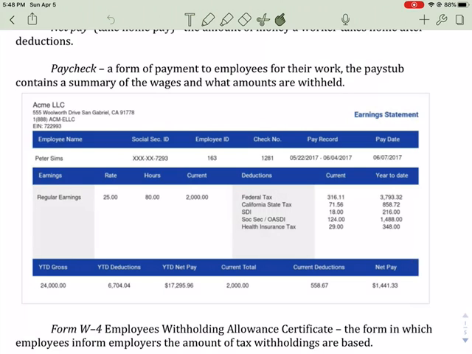All of that comes out, and they keep track of your year to date and your deductions. So down at the bottom, your year-to-date gross, your year-to-date deductions, year-to-date net pay.